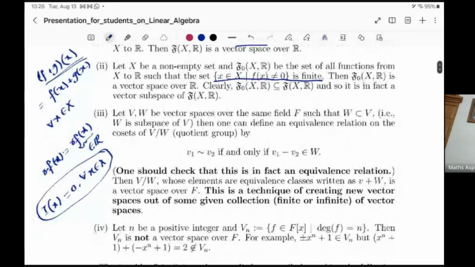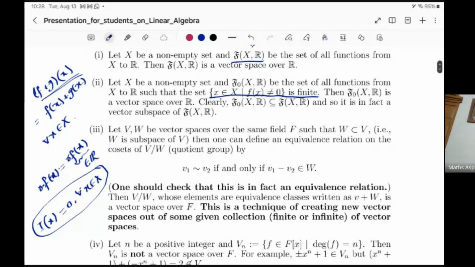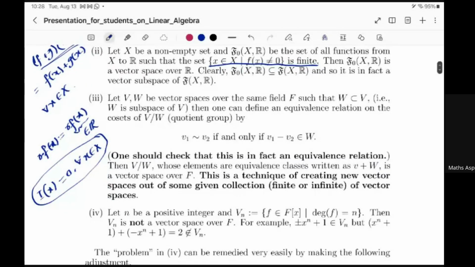Right, so this is basically an example of a subspace of example 1. Now you can make new linear spaces out of the ones that you already have.